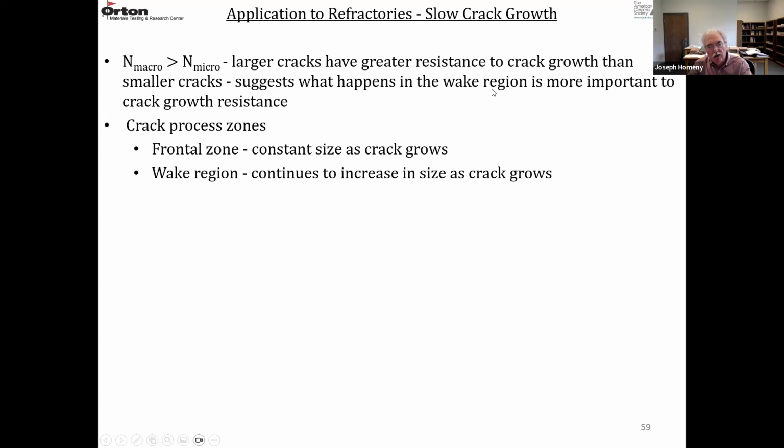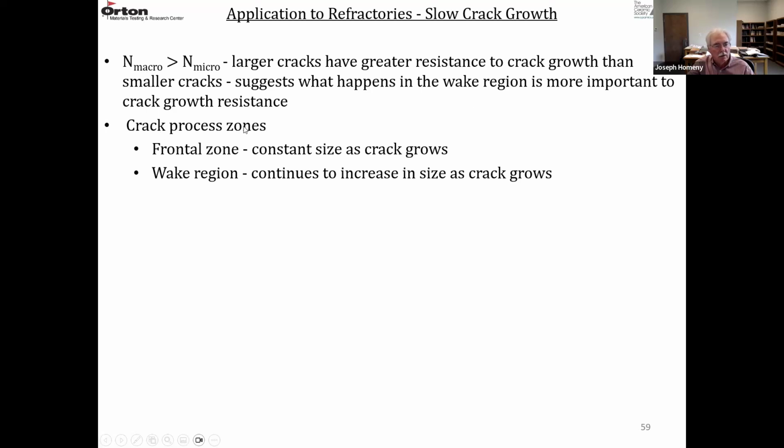So larger cracks have greater resistance to crack growth than smaller cracks. So this is telling us the wake process zone is more important in crack growth resistance. And this is what I said when I showed the diagram of the crack and its frontal and wake process zones. I suggested that the wake region is far more important. Well, what these 2 experiments show is that it actually is more important.